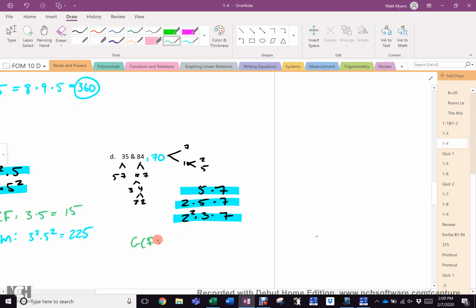GCF. I need the parts for both of them. Is there a 2 anywhere in 35? So can I count these 2's? No, because 2 isn't a part of 35. Is there a 3 in 70 or 35? There's no 3. So can I count that 3?